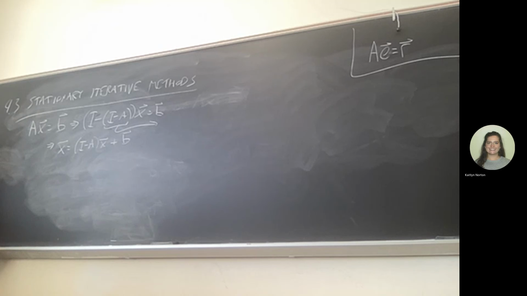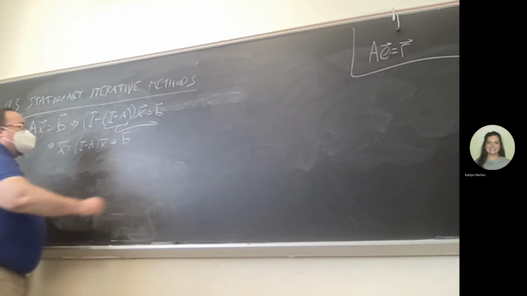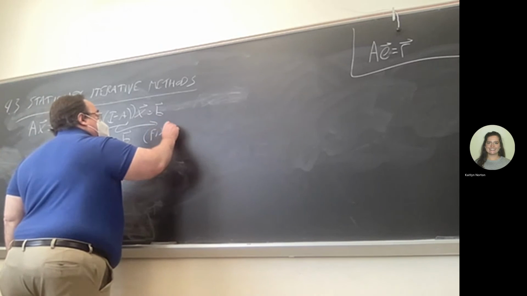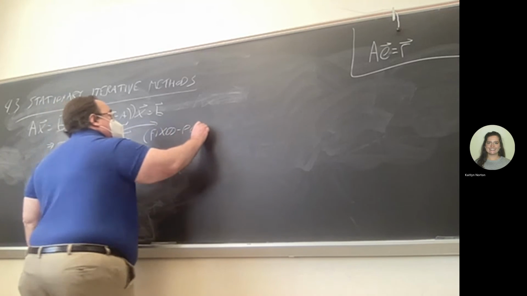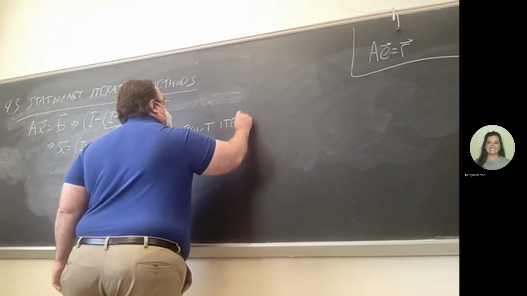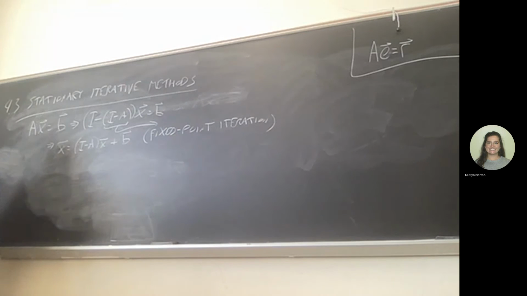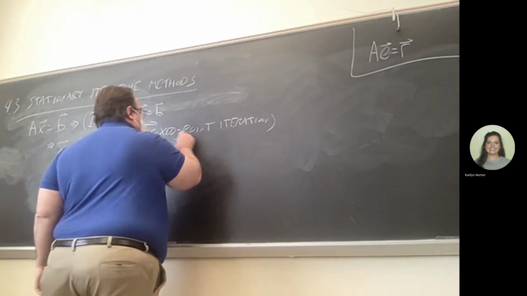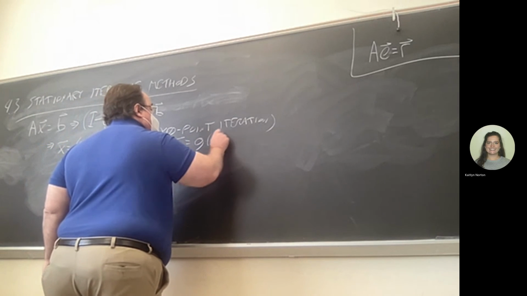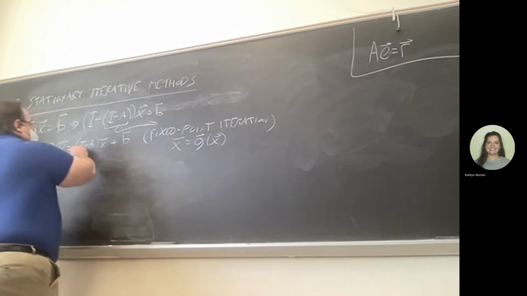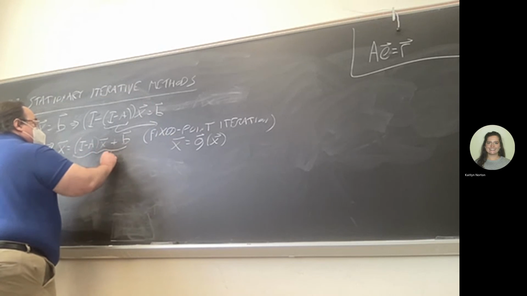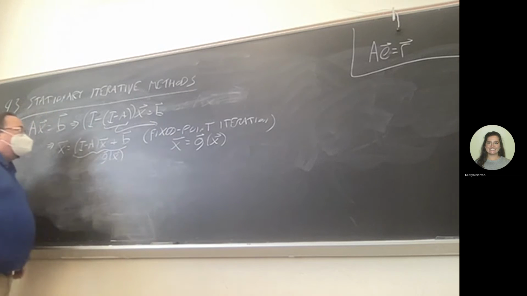Since the exact solution satisfies this equation, I could think of this as what's known as a fixed point iteration, because I've now written an equation that the exact solution x is a fixed point of. A fixed point iteration is something in the form x equals g of x. So this whole right-hand side is my g of x.